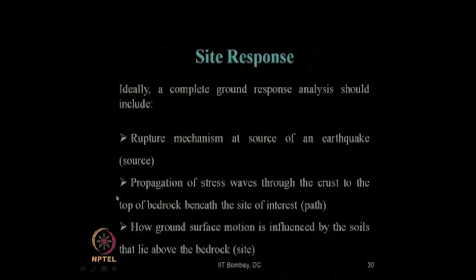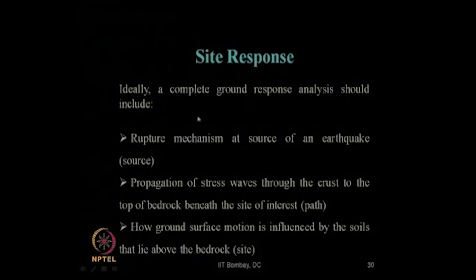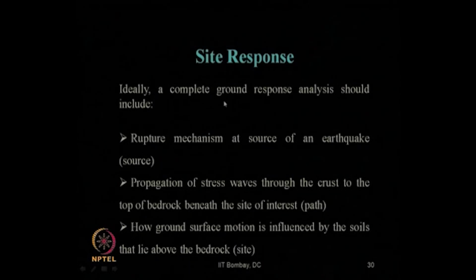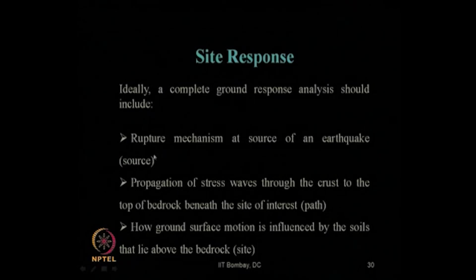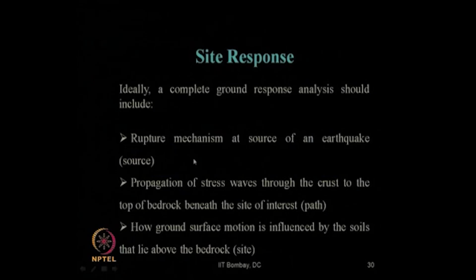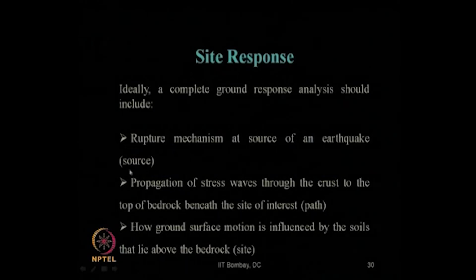So, what are the steps in site response analysis? Ideally, a complete ground response analysis should include these 3 steps or 3 media. One is the rupture mechanism at the source of an earthquake, which should be known completely, which we have already named as the source in the previous figure.